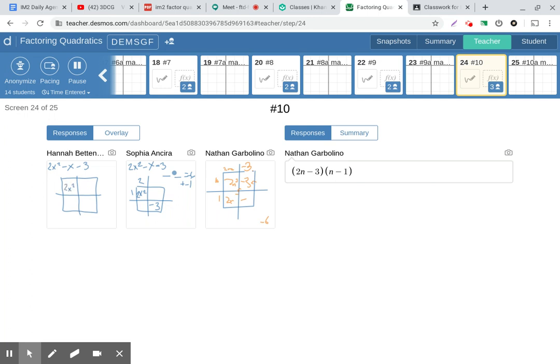Put a -6 on the bottom. No, wait, hold up. There we go. Yeah, but that doesn't make sense. No, let's see.